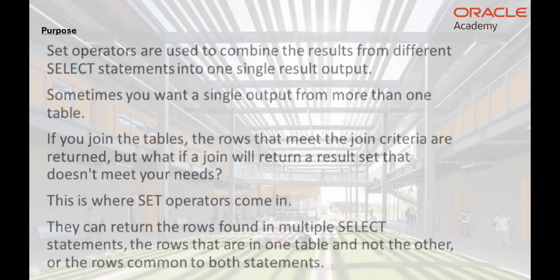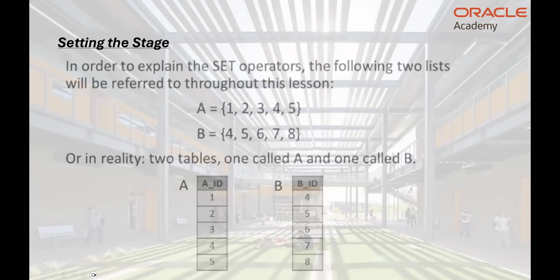If you just want to combine, this is where a set operator comes in. It can return rows found in multiple select statements, and the rows that are in one table and not the other table.